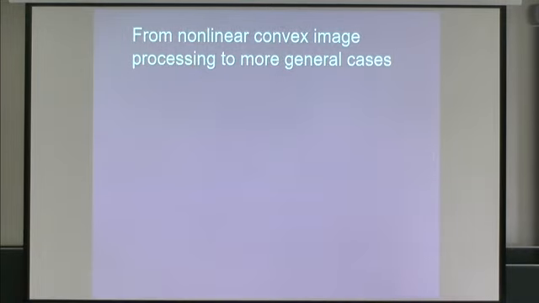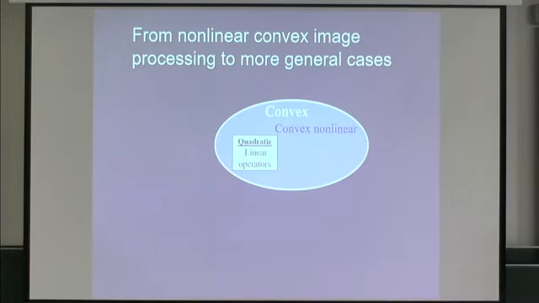So the idea is like this. We have the convex area where we understand quite well what's going on. We have the linear case where we understand very well what's going on, which corresponds to quadratic functionals, which in turn yield linear operators. And we have what Martin was talking about, norms and semi-norms, which in turn yield the zero homogeneous operators.